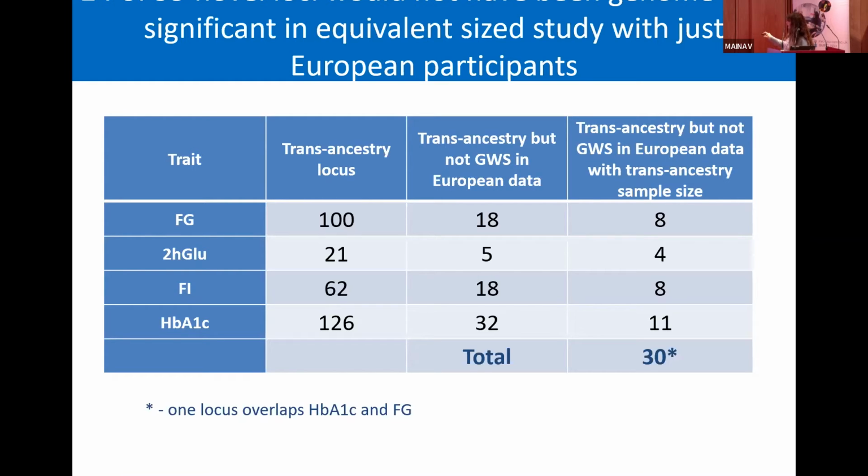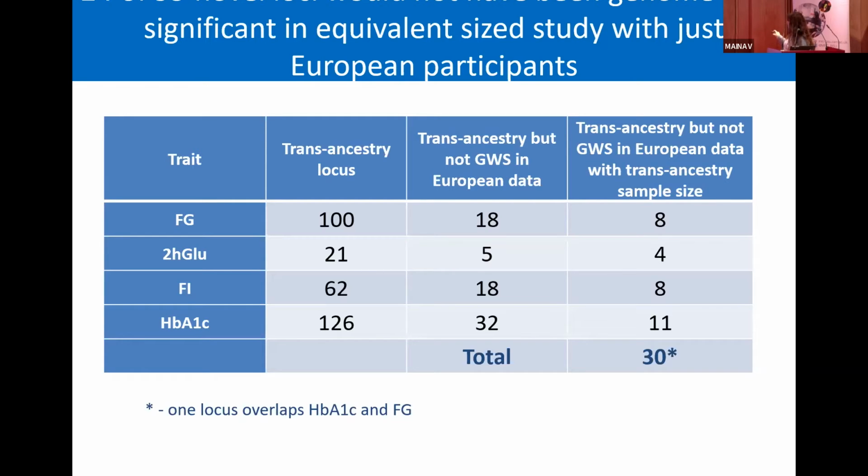And so of these 100, 18 hadn't been genome-wide significant in the European data alone. But again, the European data alone, although it's about 70% of the sample, is not the entire sample. So we tried to emulate the sample size in just Europeans to be the same as the trans-ancestry analysis by rescaling the standard errors of our associations in the European data.